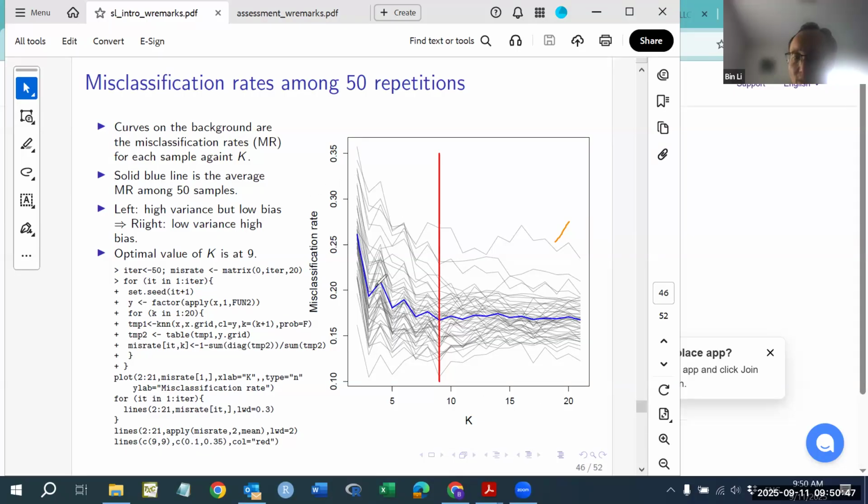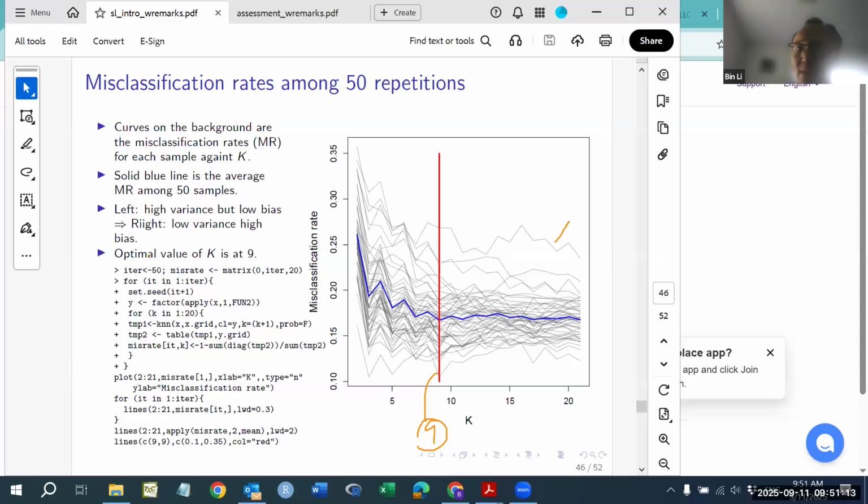And the blue one is the average of the misclassification rate for these 100 curves. And you can see which one gives us the best, lowest misclassification rate. So you can see when the k is 9, on average this gives the best results.